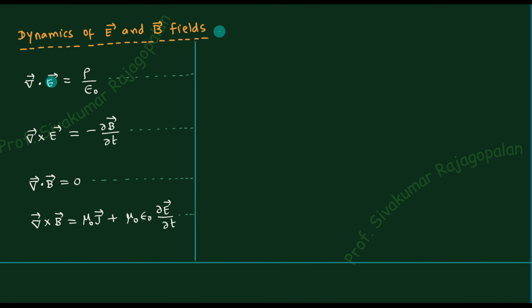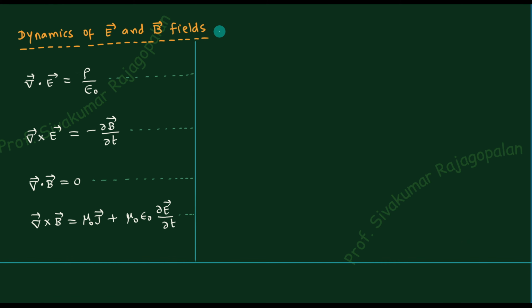You don't have electric field to any power other than 1 in any equation. Similarly for the magnetic field: if the power is less than 1 or greater than 1, it automatically becomes non-linear. So as long as you study only linear dielectric material, linear magnetic material or vacuum, Maxwell's equations are linear differential equations.